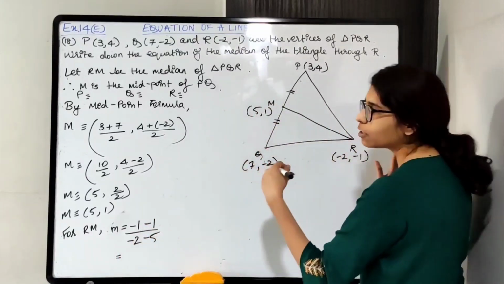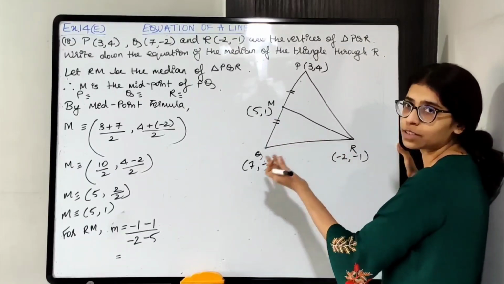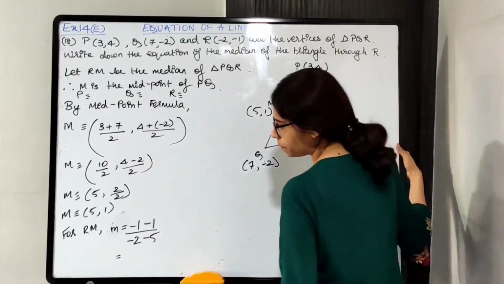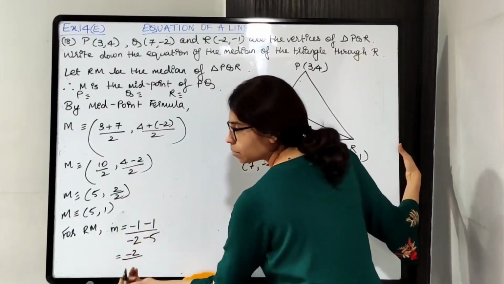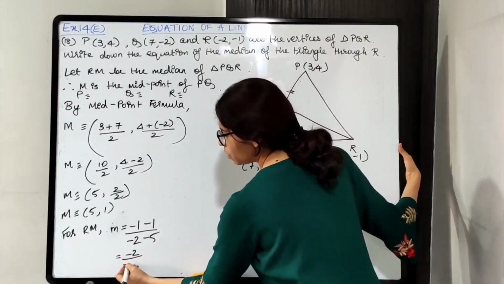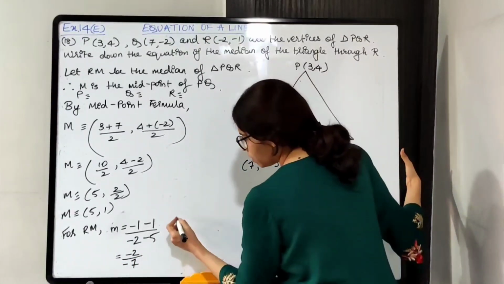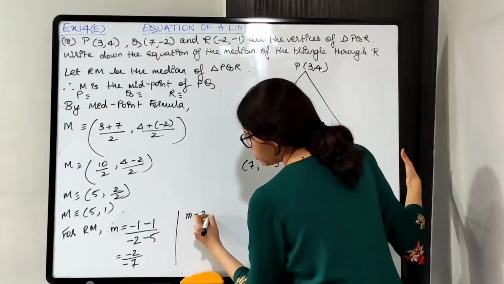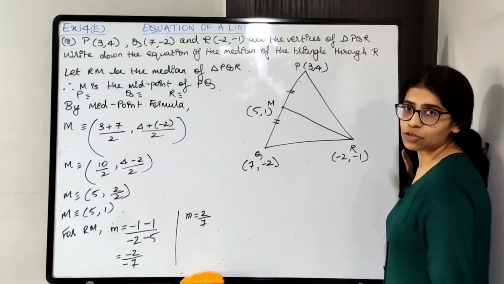You can go the other way around also: -1 minus 1 upon -2 minus 5. 1 minus -1 will become 1 + 1 and 5 minus -2 will become 5 + 2. Okay, this will be -2, adding and putting the negative sign. Here also the same thing. So minus minus becomes plus. So that will give m as 2 upon 7. We got the slope. Let's find the equation of RM.